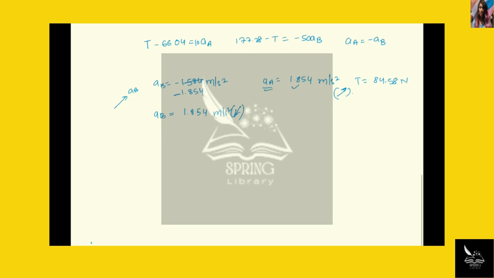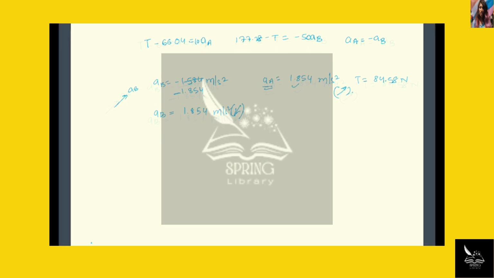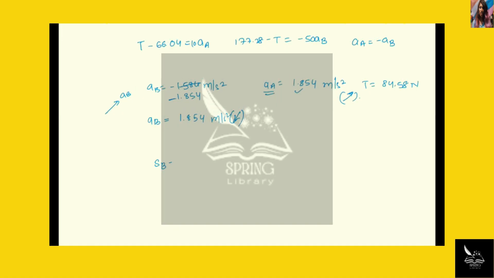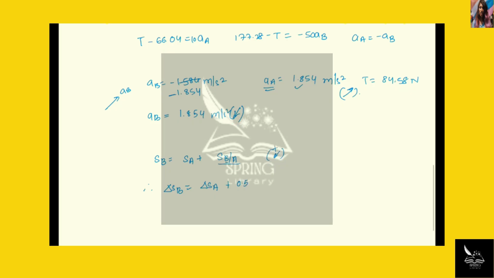Okay, so now we need to find the time taken to cover a distance of 0.5 meters. Now the length moved by B is equal to the length moved by A plus the length moved by B with respect to A, and here again we are taking downward as positive. So the change in length of SB is equal to the change in length of SA plus the change in length of B with respect to A, which is 0.5 meter as given in our question, right?